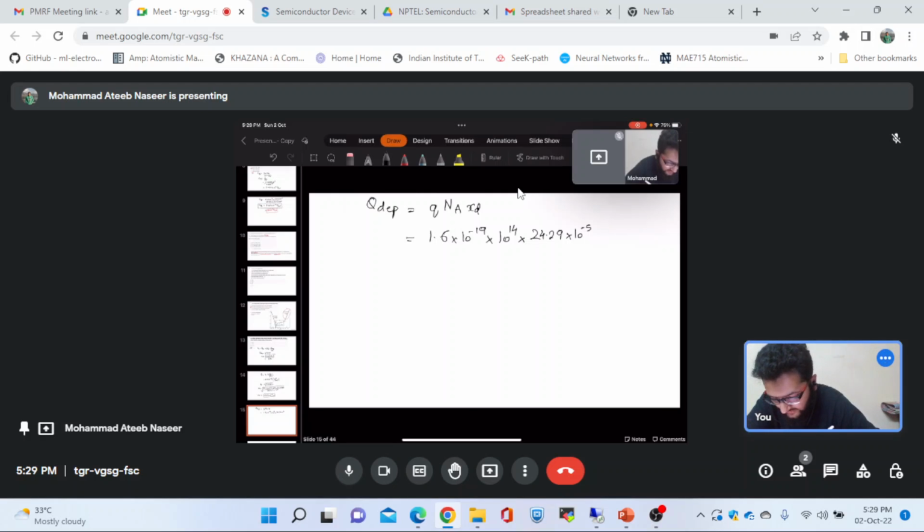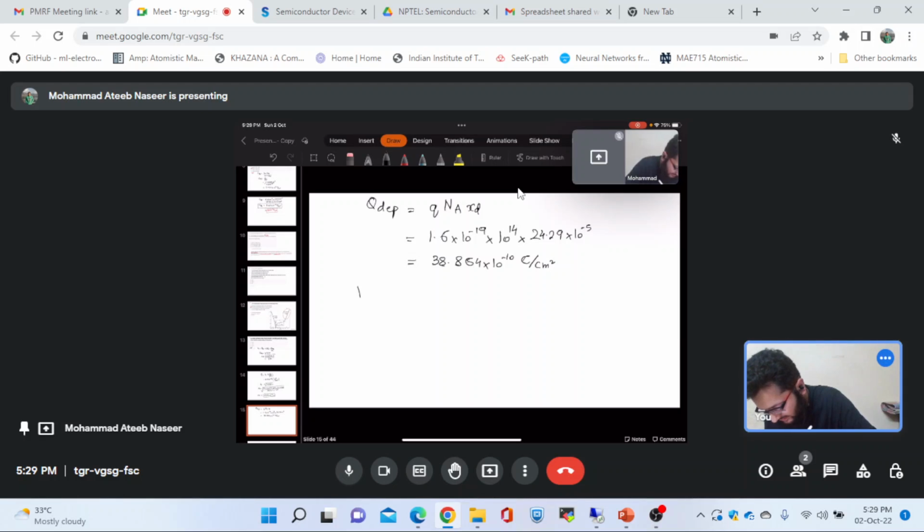So this is what we are left with. Let's solve this and get the charge per unit area. So if I solve this, it will simply be equal to 1.6 into 24.29, which is 38.864 into 10 to the power of minus 10 coulomb per centimeter square.